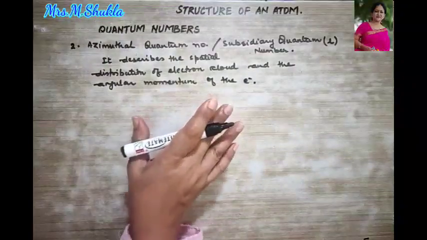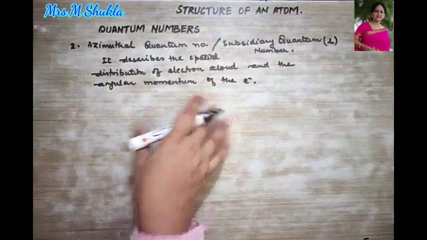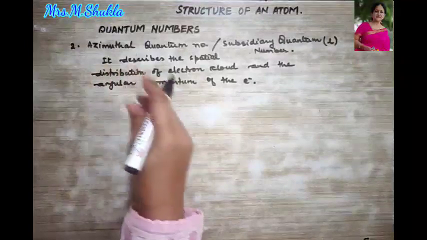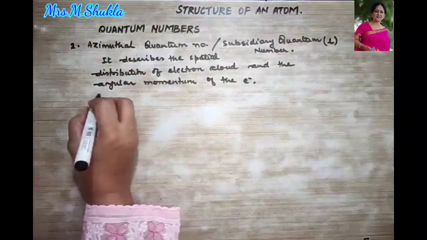Clear? It actually also tells us about the shape of the orbital occupied by the electron.